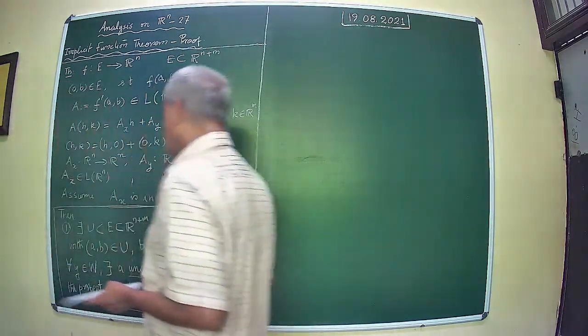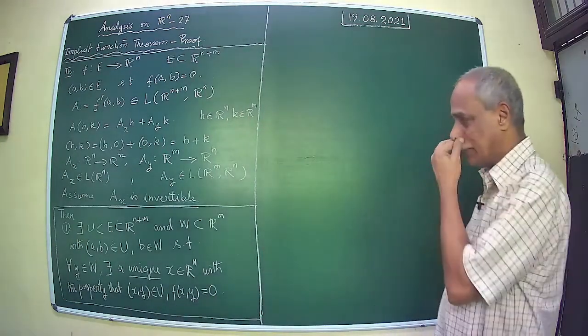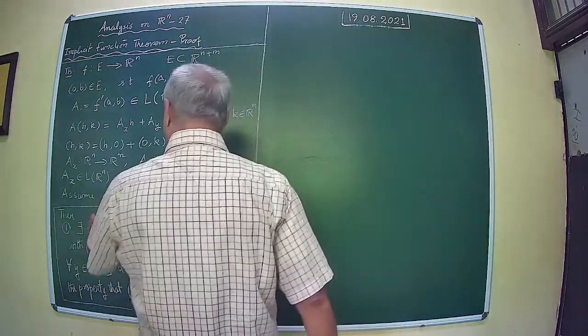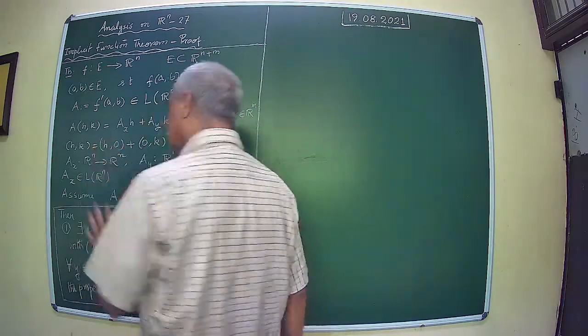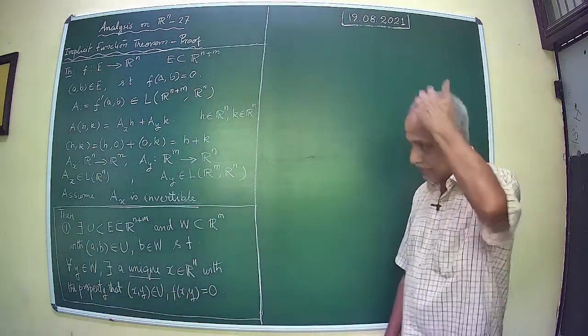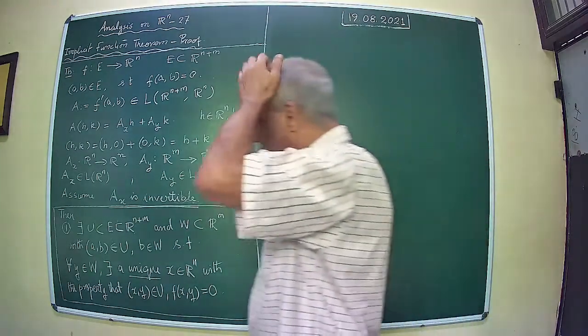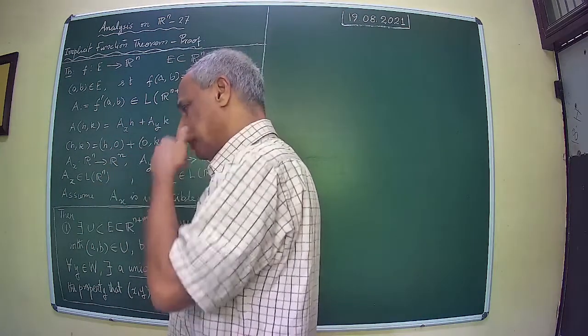So what we want is, we are looking for a U and W. U is somehow a part of R^(n+m).